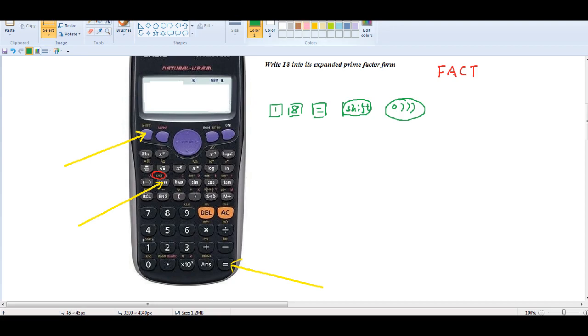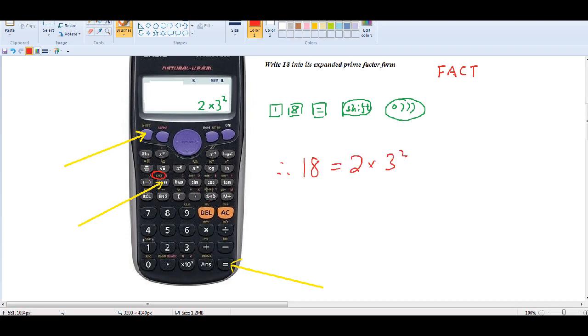On the screen you will see 2 times 3 squared. Is it the expanded prime factor form for 18? Yes. So that means 18 equals 2 times 3 squared.